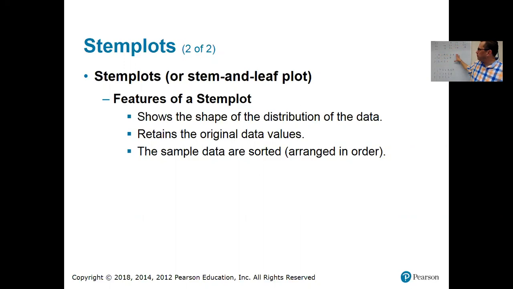And then you do want to put each of those rows in order. And if your data set is not huge, it should be pretty easy to put those in order. Okay, this is a very, very small data set, so we don't really use a lot of those descriptive terms like normal or skewed.